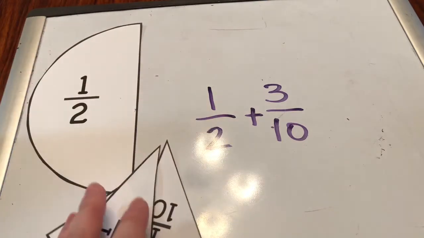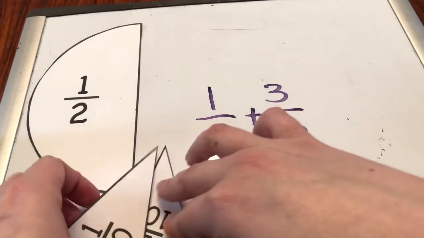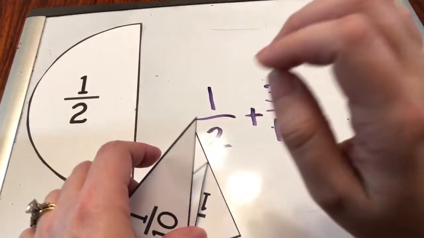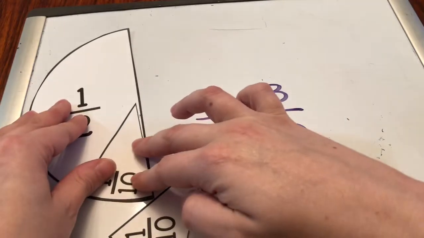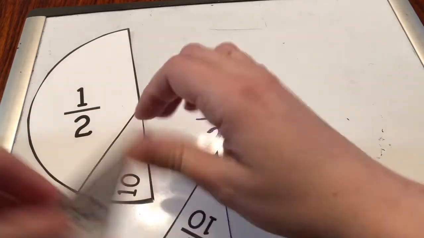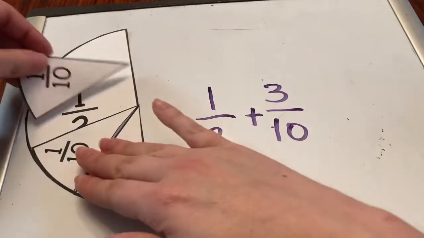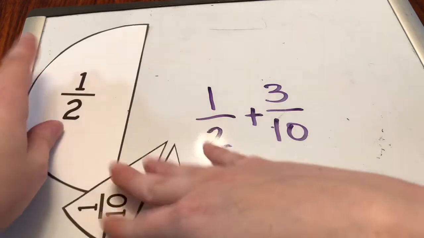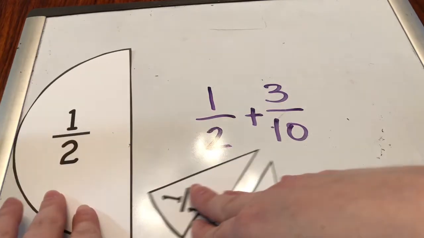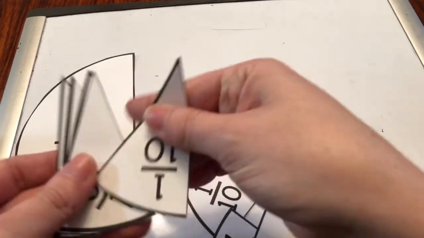So the way I would recommend doing it, there's 2 ways. I'll show you both ways. The first way, and the way that I think would probably be easier, is to see how many tenths you can fit on your half. Tell you what, I'm gonna leave these because this is what we're adding. So these are just gonna stay here. I'm gonna use the extra tenths that I have.